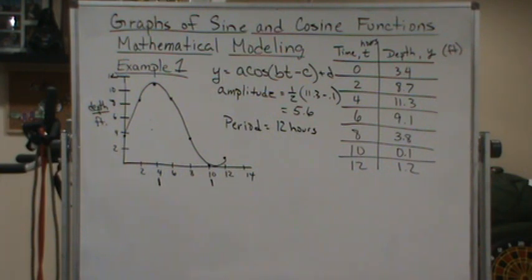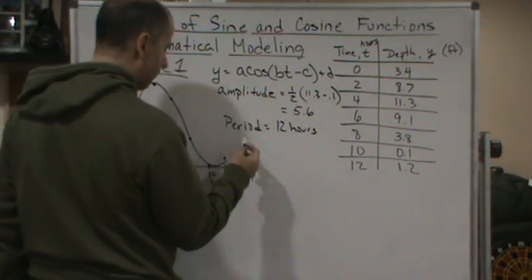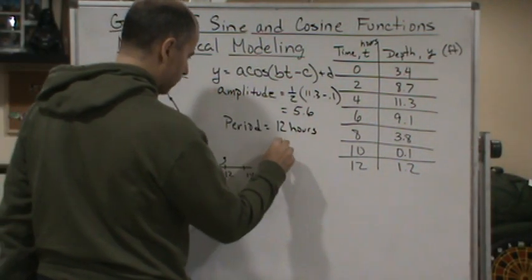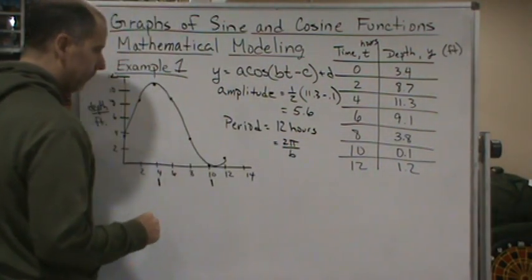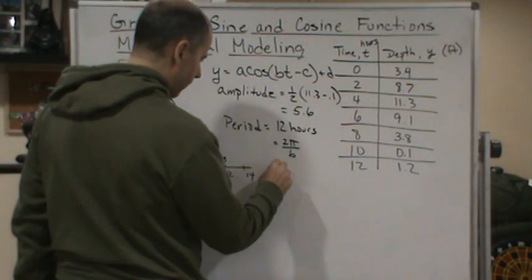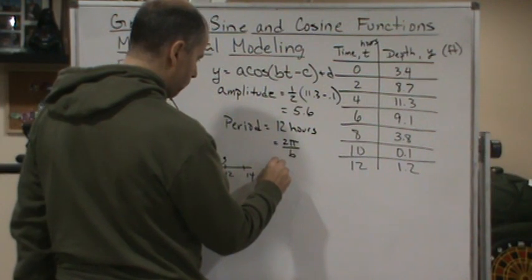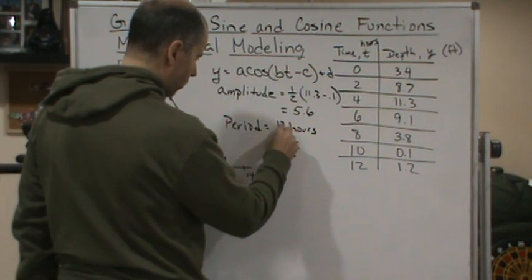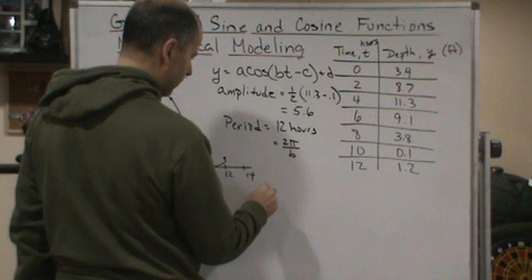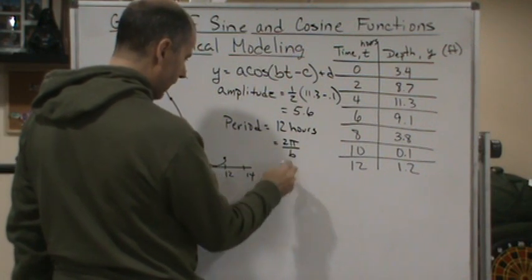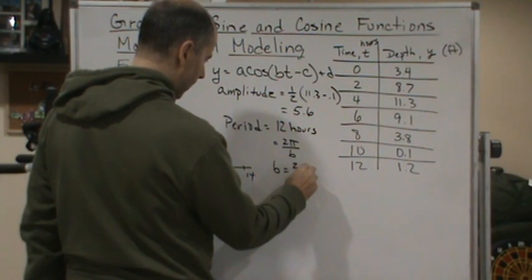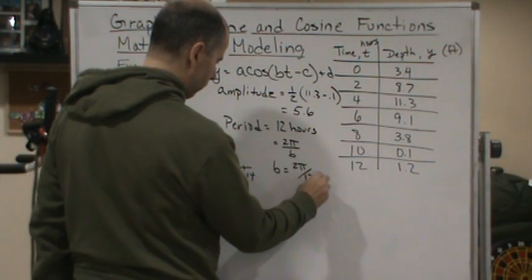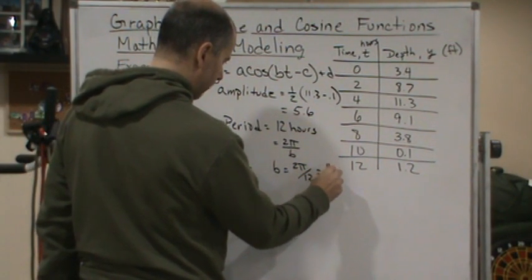Now we've got the amplitude and the period, so what about B? We've got to figure out what B is. Well, we can use the fact that the period is equal to 2 pi over B. So 12 is equal to 2 pi over B, so we just solve for B, and B would be equal to 2 pi over 12, which means it's going to be pi over 6.